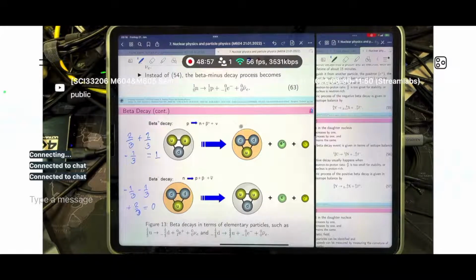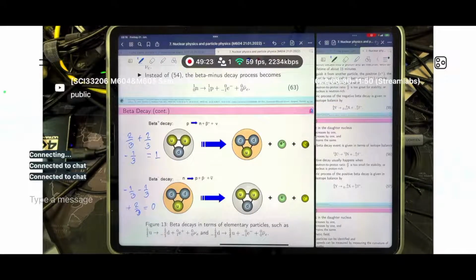Okay. The beta plus decay is where the proton turns to be a neutron, and the positron is emitted. Okay, positron is emitted, and this is e plus. It is the antiparticle to the electron, but it has positive charge.